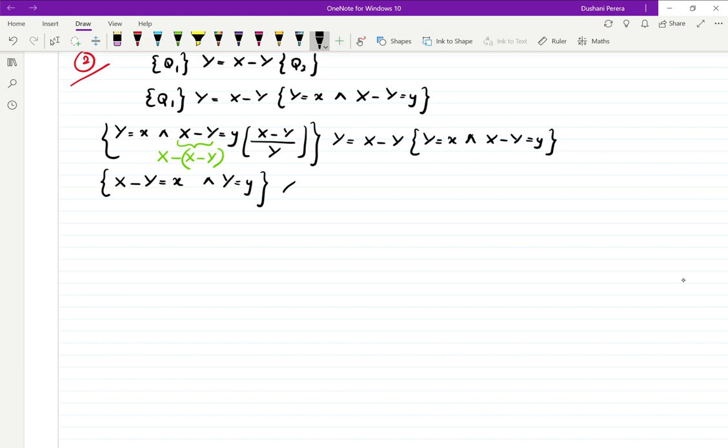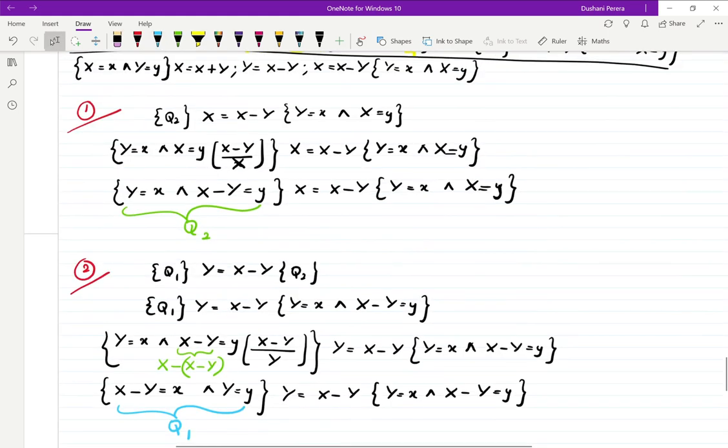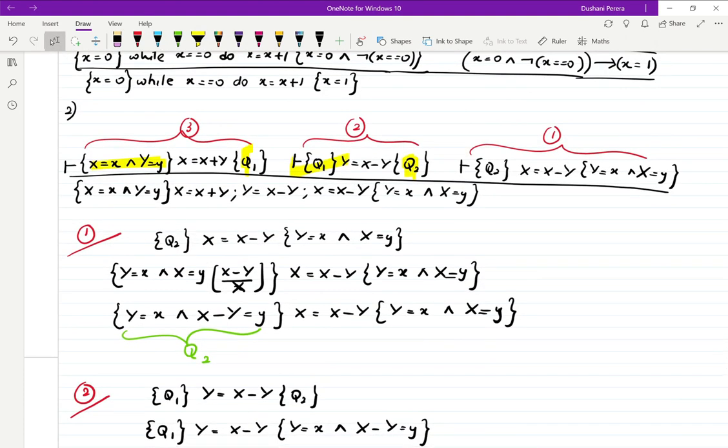Then finally we have this. Okay. So again, as you see, now we found out what Q1 is, which is the precondition of the second and the postcondition of the third.